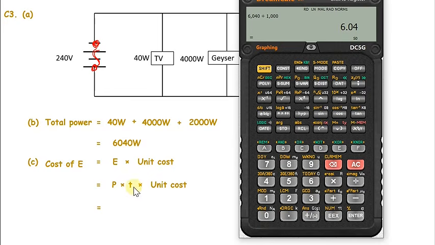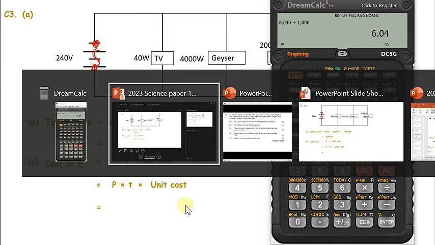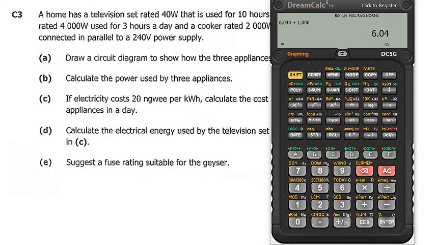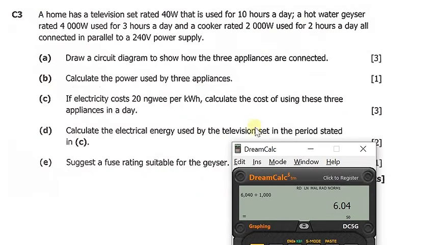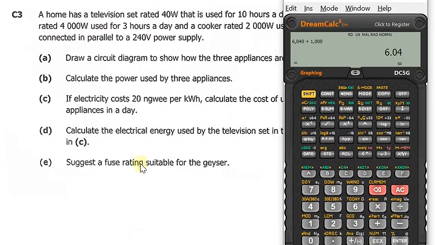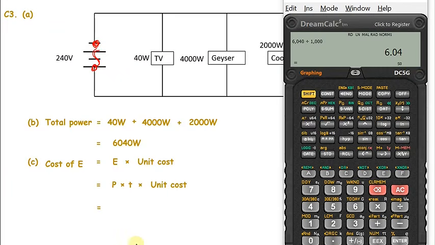So time is 24 hours because we are told, let me just show you, we are told to calculate the cost of using these 3 appliances in a day. So a day has 24 hours, so that will be the time there, 24 hours.